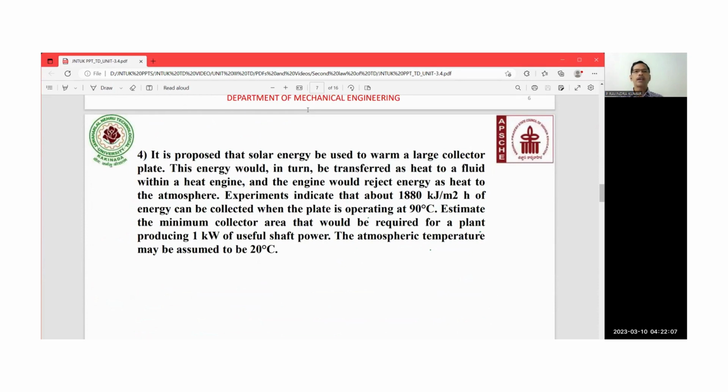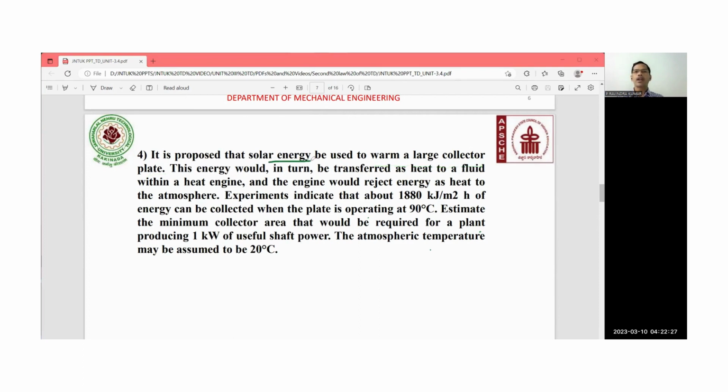Here it is proposed that solar energy can be used to warm a large collector plate.